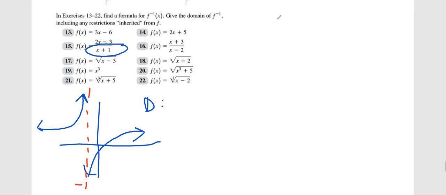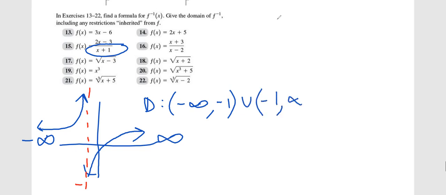Should be fast. Should be easy. Hey, guess what? Negative infinity's over here. Positive infinity's over there. Negative infinity to what? Negative 1 union negative 1 to infinity.